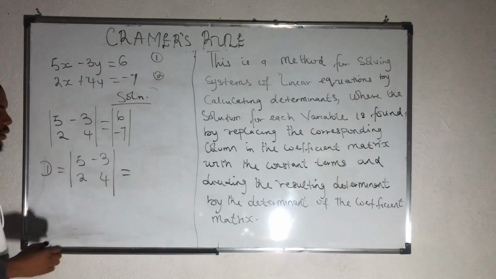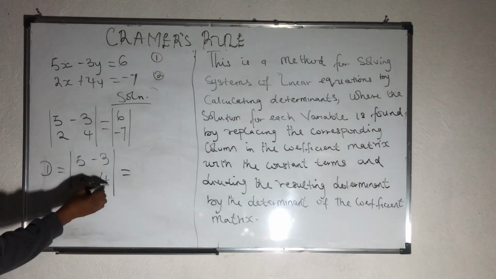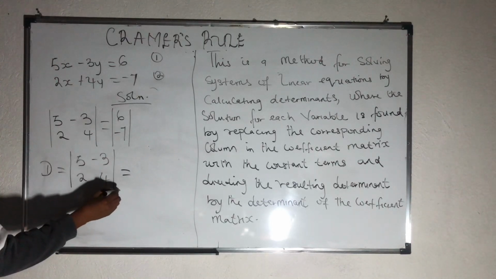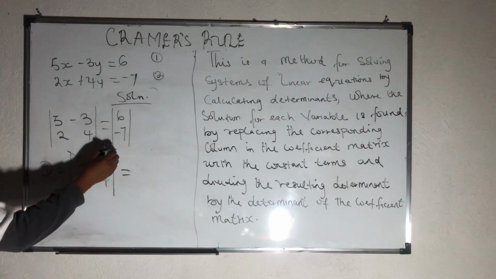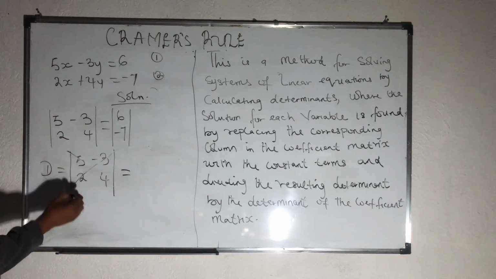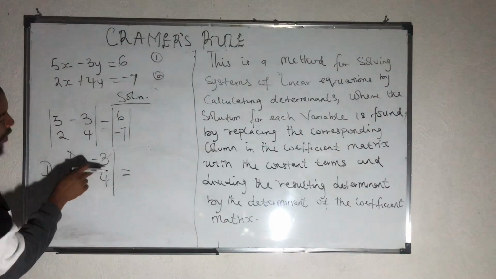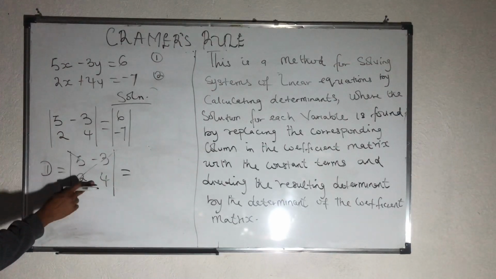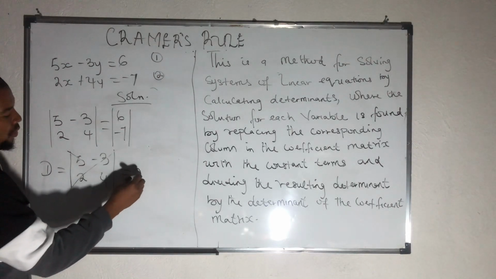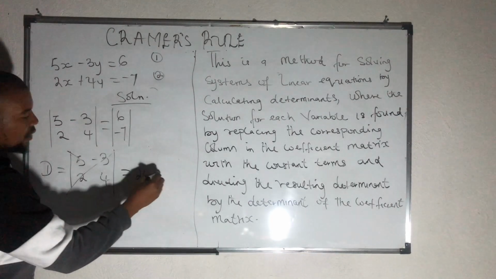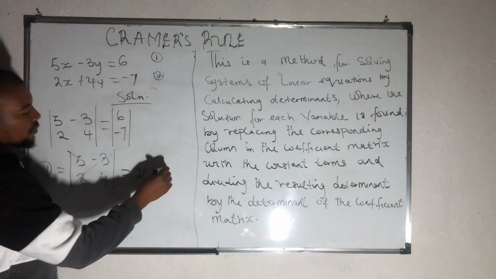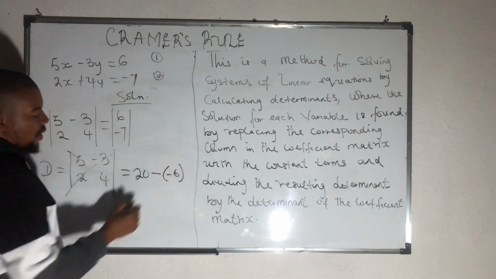To find the determinant of this very matrix, we simply multiply the major diagonal. This part here is the major diagonal, and here is the minor diagonal, right? Major, minor. So we multiply them together and subtract the minor from the major. This now becomes 4 times 5 gives us a 20, minus 2 multiplied by -3 gives us a -6, right?